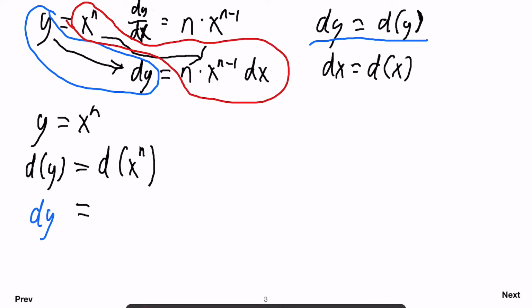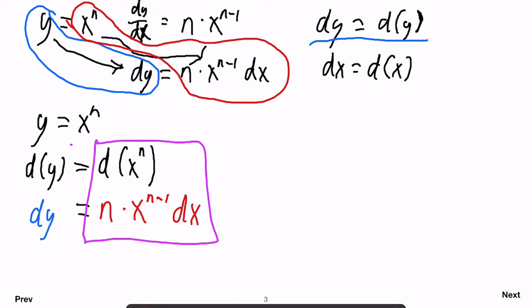So the differential of y equals n times x to the n minus 1 dx. So you can see that our sides are actually operating independently of each other, as are our variables. This guy doesn't have to know anything about y, and this guy doesn't have to know anything about x.